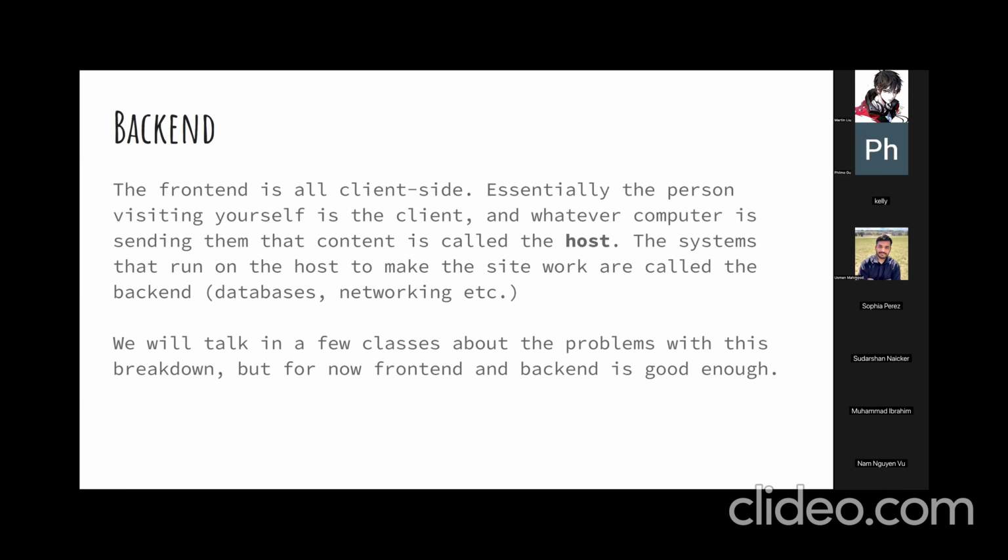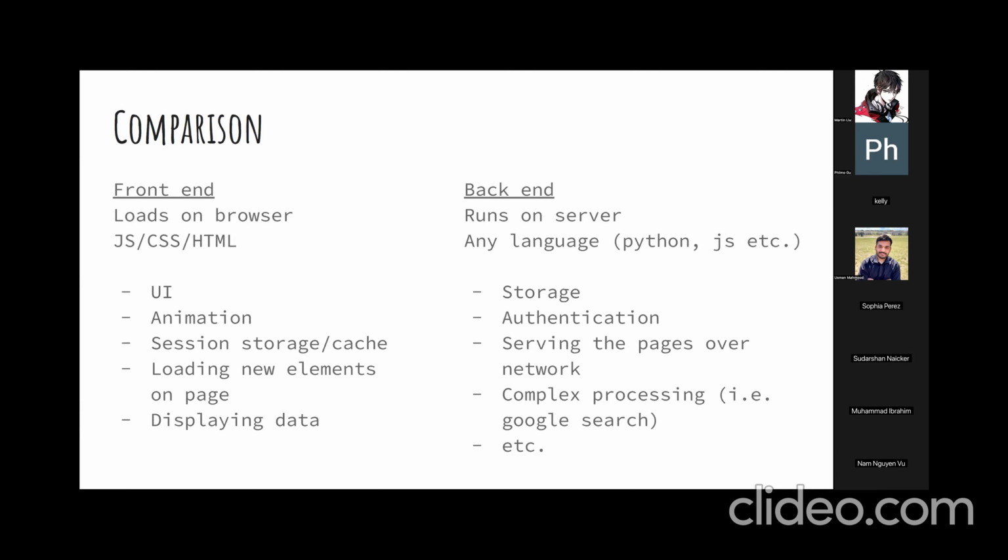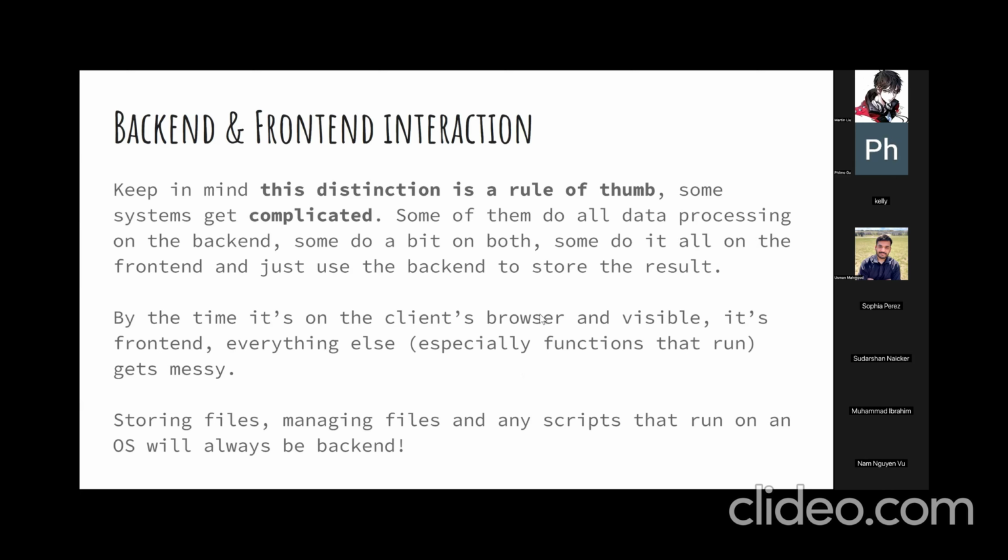So data, information, all that kind of components that you store, data that you want to save to, data that you want to read from, write to, all that kind of stuff. That deals with the backend section of the web page. And then there's the comparison between the two, backend and front end. So backend interaction is really useful because it helps with the interaction of making a proper full stack website.